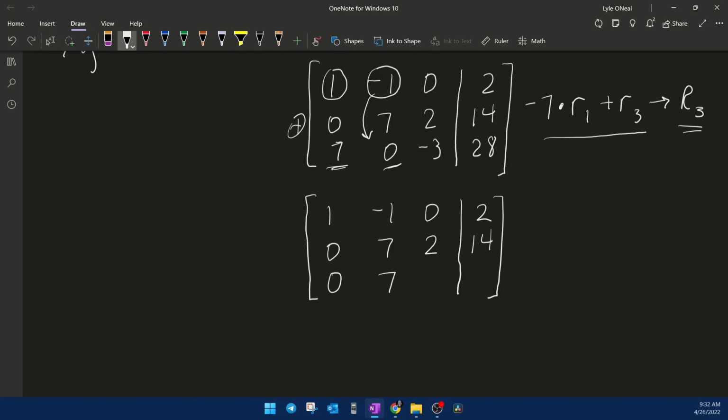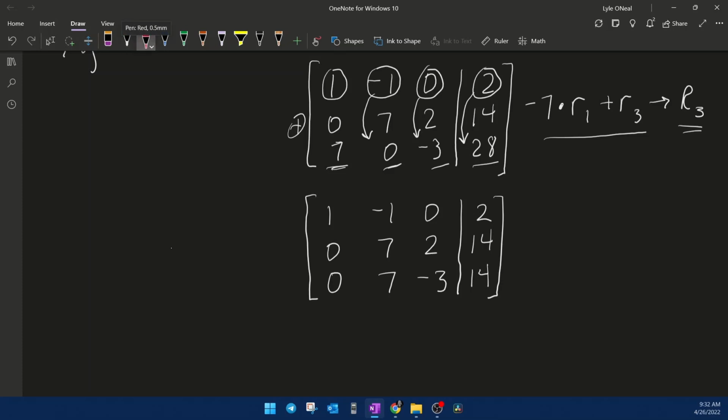Again, negative 7 times 0 is 0. 0 added to negative 3 is negative 3. One more time, negative 7 times 2 is negative 14. Added to 28 gives us positive 14. And then that completes that row operation.